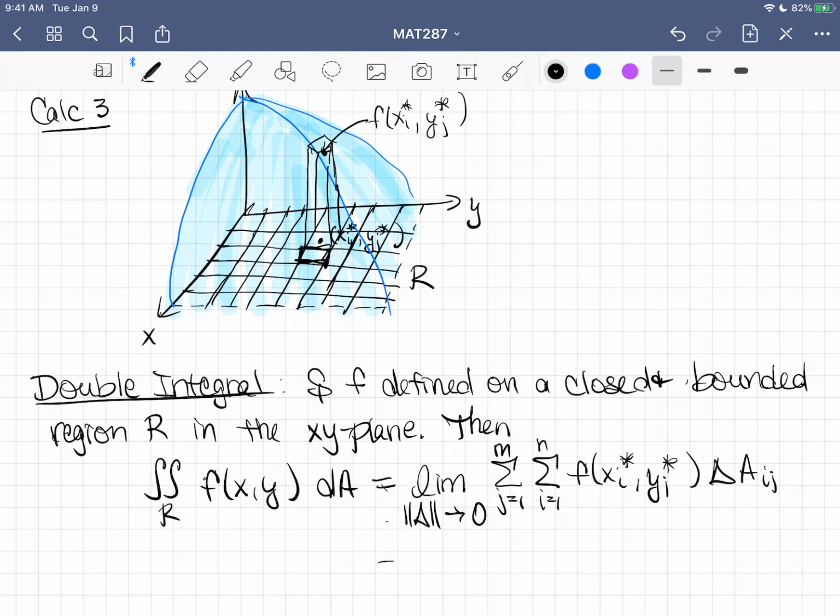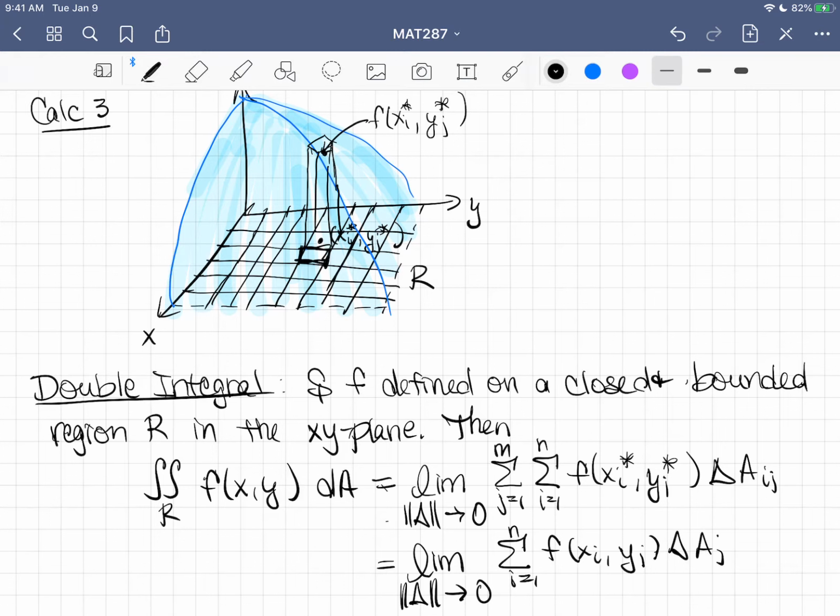So your book just more succinctly writes this as the limit as the magnitude of delta goes to 0 of just the sum i equals 1 to n of f of xi yi delta ai.